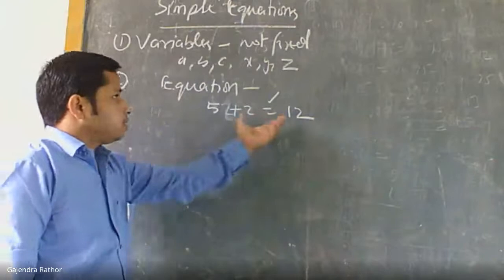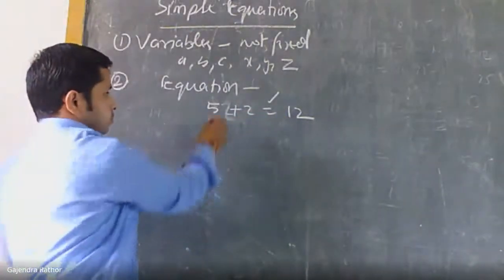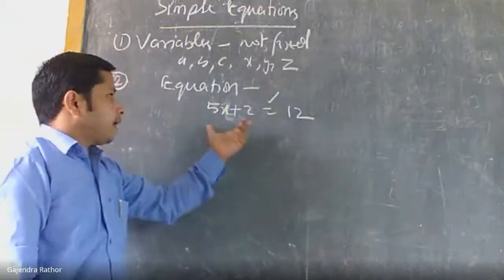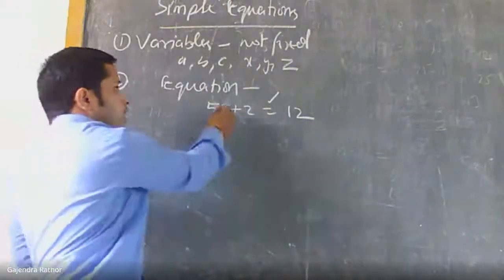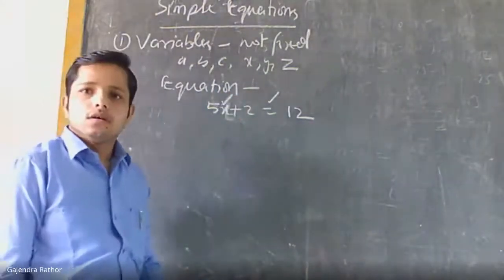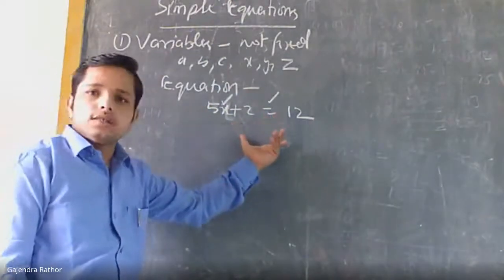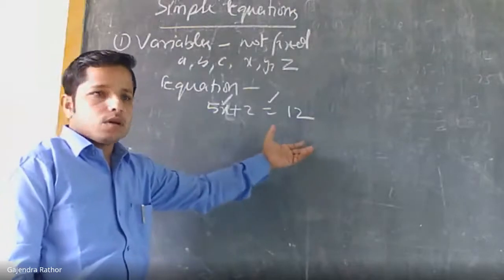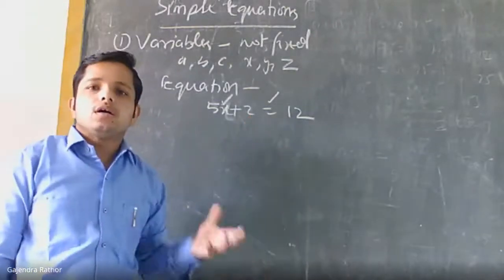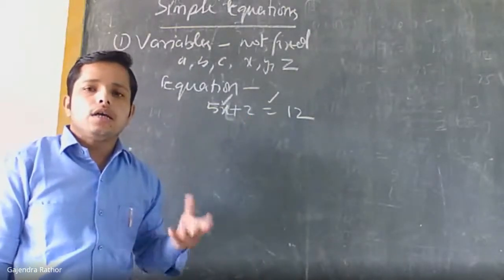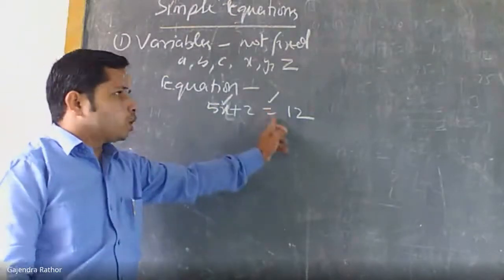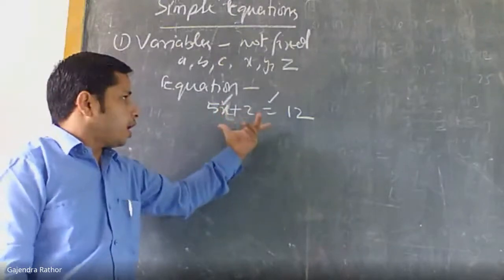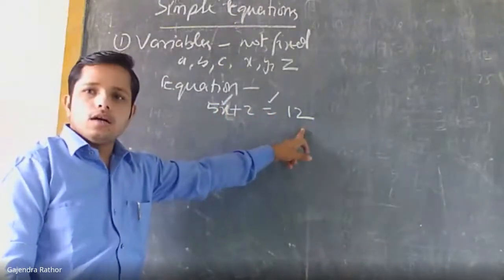It has two sides, LHS and RHS. It has one variable, x. So this is an example of a simple equation. It has all three required terms: an equality sign, one variable, and two sides, LHS and RHS.